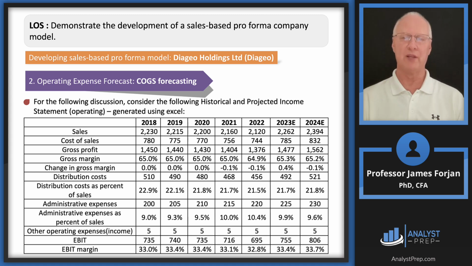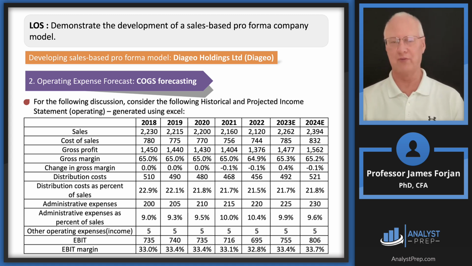So let me give you some advice for the exam. Let's start over here in the 2023 column. Make sure you can compute the 65.3%, the 21.7%, the 9.9%, and the 33.4%.